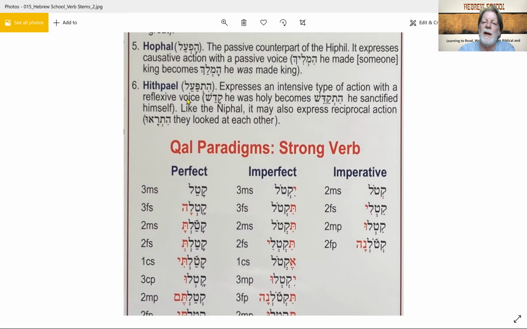but it is where the subject acts upon himself. So, for example, kadash means he was holy, and in the Hitpael, hitkadesh becomes he sanctified himself. Well, how would he have done that?